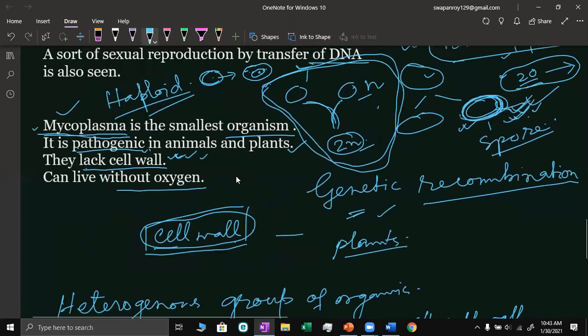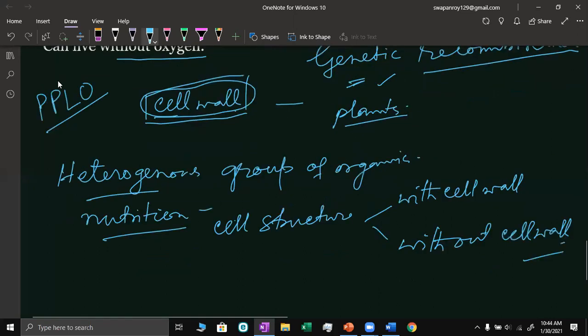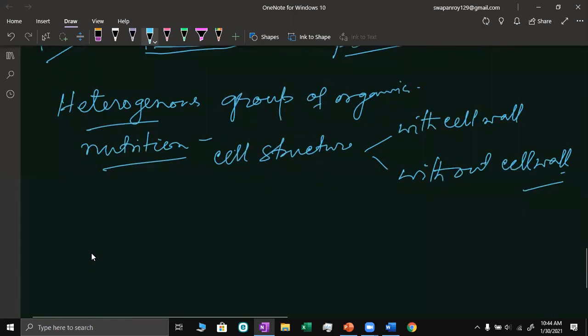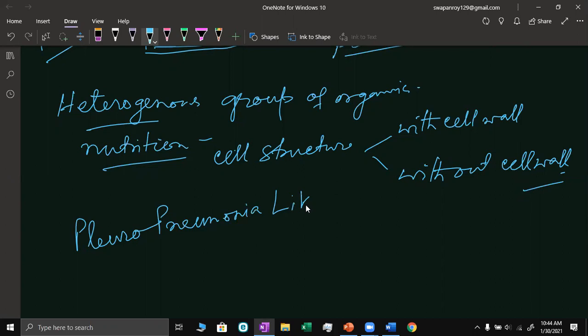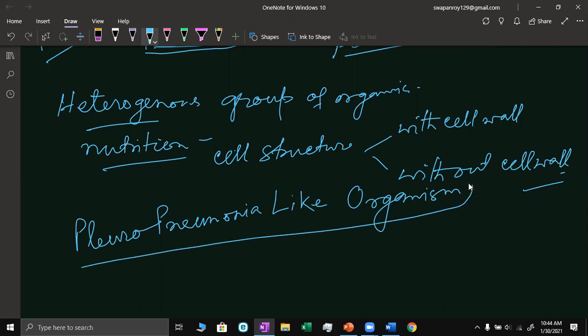Some of the mycoplasma are known as PPLO, pleuropneumonia-like organism.